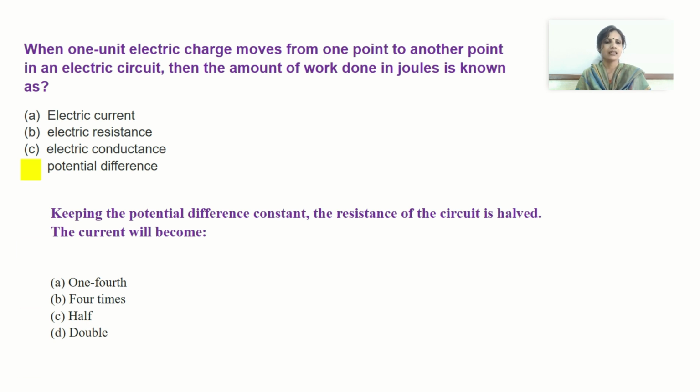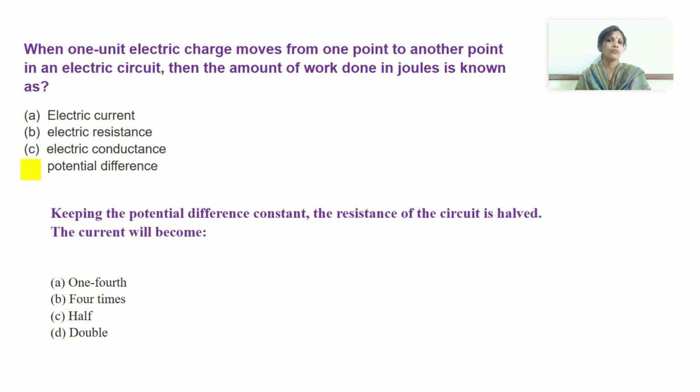Okay, next: keeping the potential difference constant, the resistance of the circuit is halved. The current will become, now see, the potential difference is constant and the resistance is reduced to half of its value. What is the effect on current flowing through the circuit?